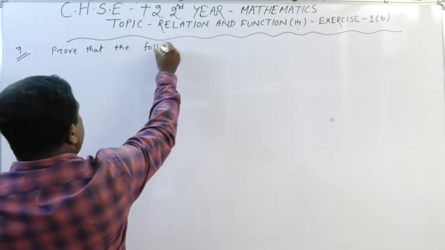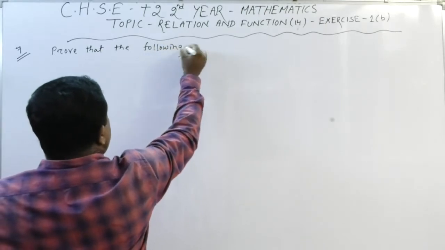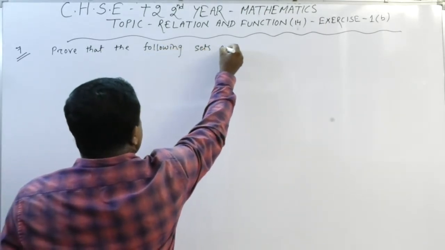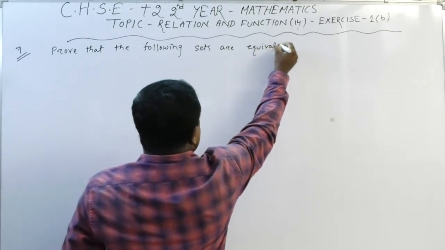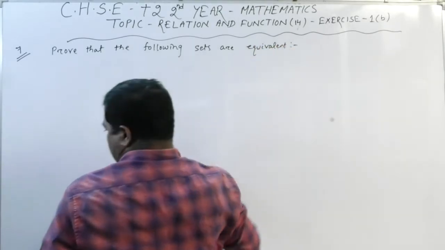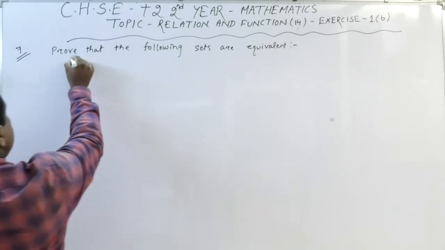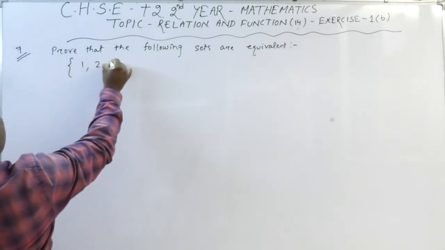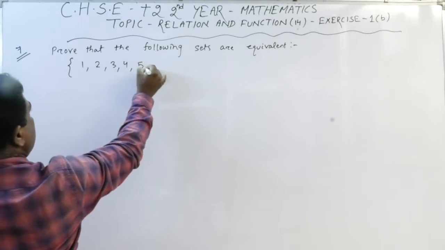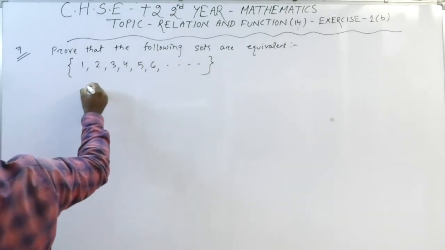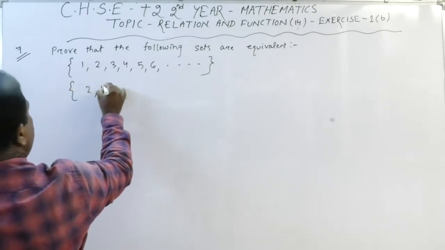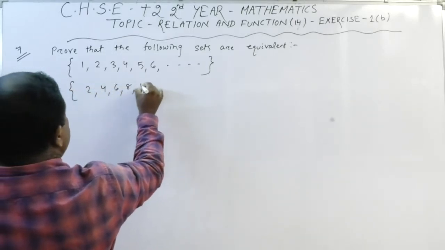The sets are given as follows. The first is 1, 2, 3, 4, 5, 6 and so on. The next set is 2, 4, 6, 8 and so on.